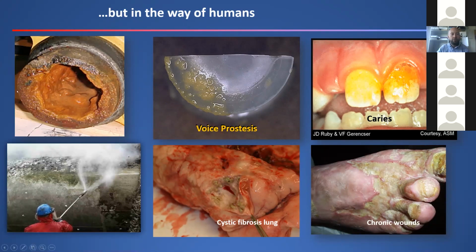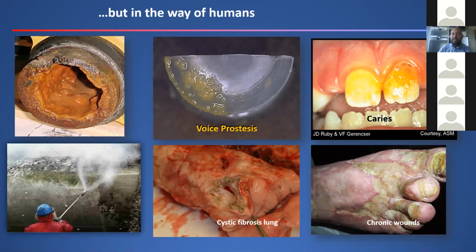Here's an old water pipe. In 50, 100 years, bacteria can mineralize the minerals in the drinking water and form these huge mats in fresh water pipelines. Whenever we insert something in the human body, bacteria can form biofilms on it and also adjacent to the implants.